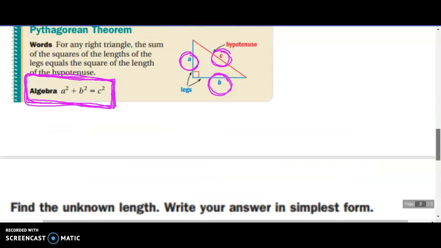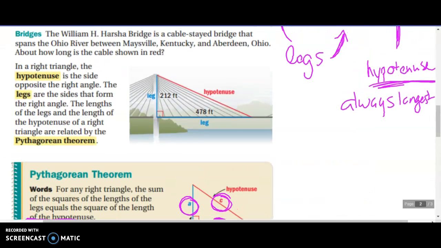All right, as an example, here we have a cable-stayed bridge between Ohio and Kentucky. This is 212 feet. This is 478 feet. It forms a right triangle with that longest cable stay. If we want to know what length that cable is, we're going to use the Pythagorean theorem.